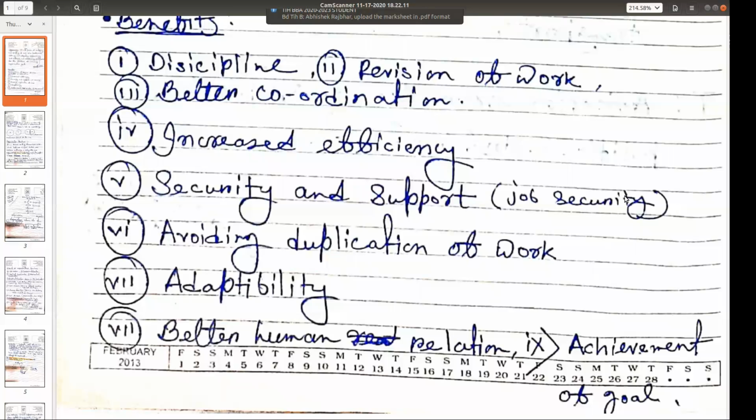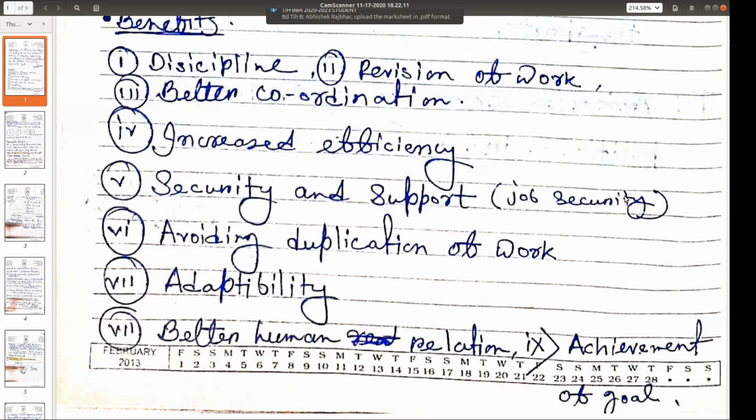Next is better coordination. That means among the fellow employees, and between the employee and his or her supervisor, the coordination is important, because ultimately it is a cooperative task. So better coordination is important.